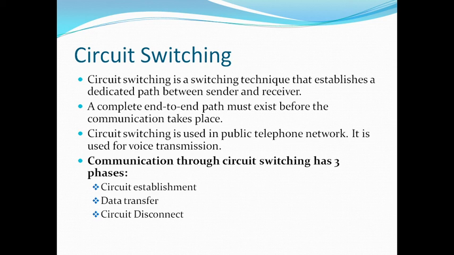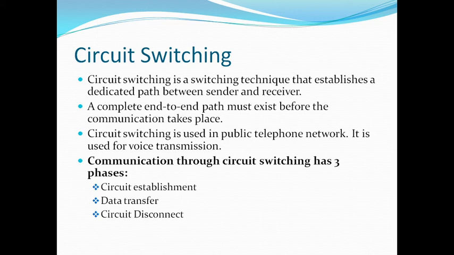First is circuit switching. What is circuit switching? It is a switching technique that establishes a dedicated path between sender and receiver. Dedicated path means, first of all, the circuit is established, then the data communication takes place, and after the data communication is over, the circuit is disconnected.